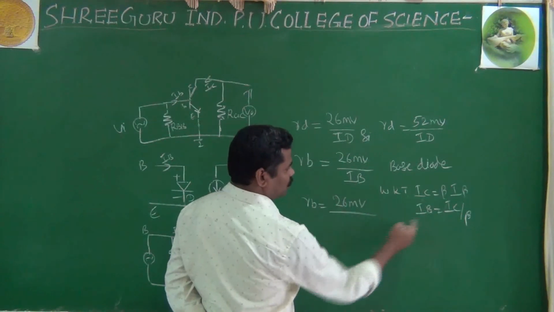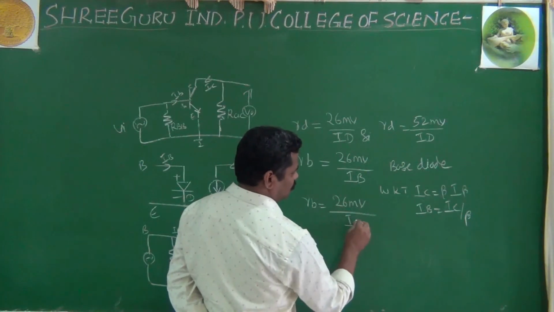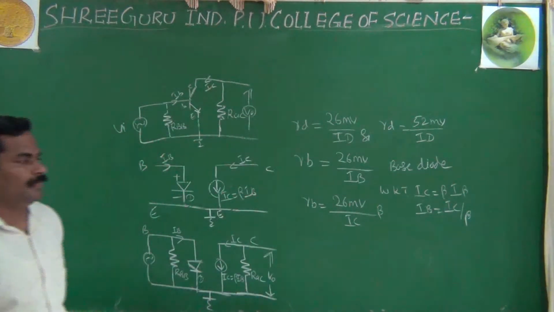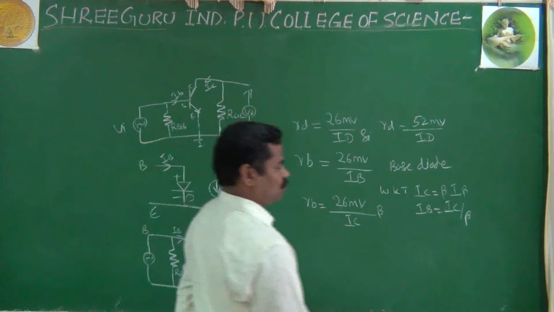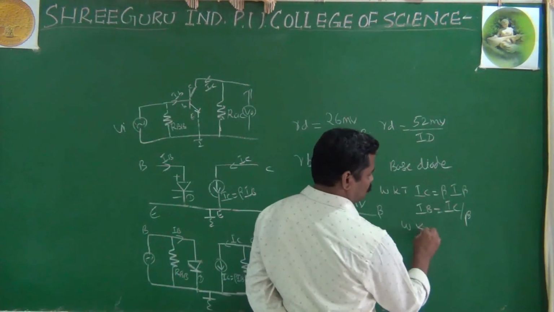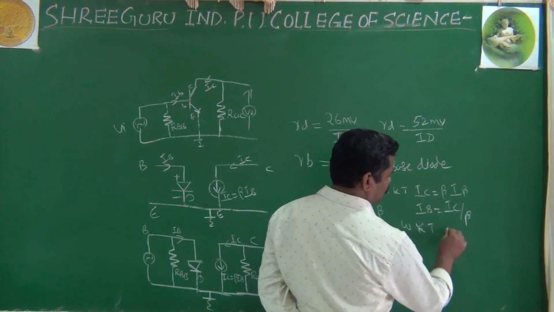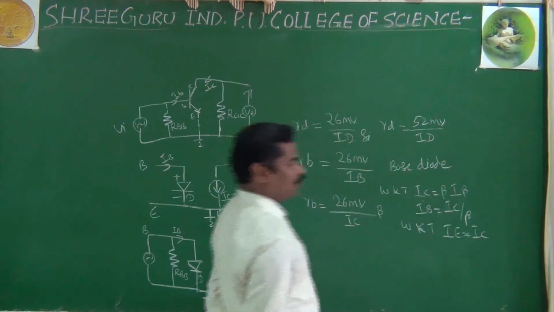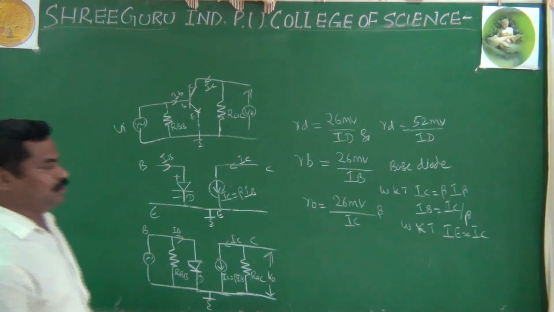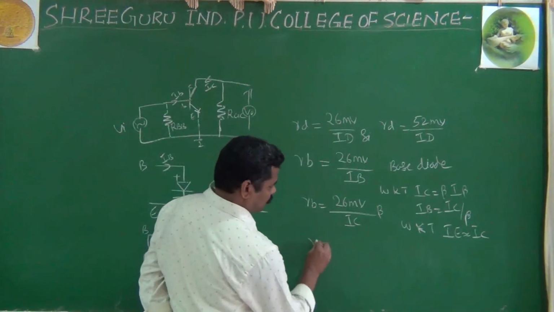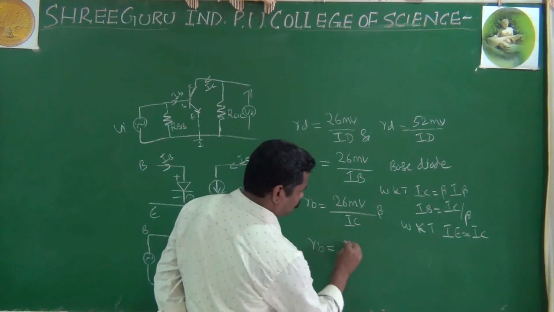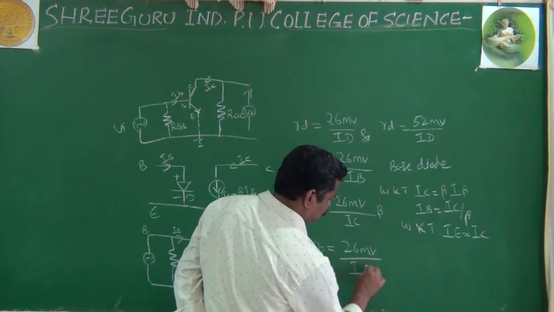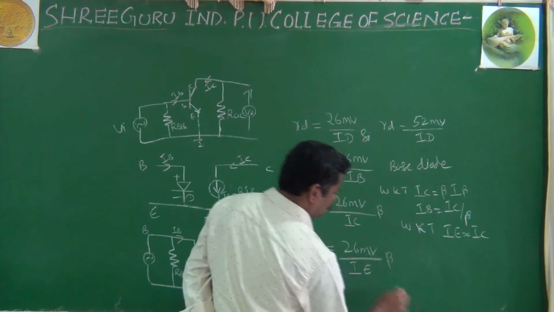and in place of IB, you write IC divided by beta, so beta goes upside. We also know the basic fact that IE is nearly equal to IC. That becomes RB equal to 26 millivolts divided by IE, into beta.